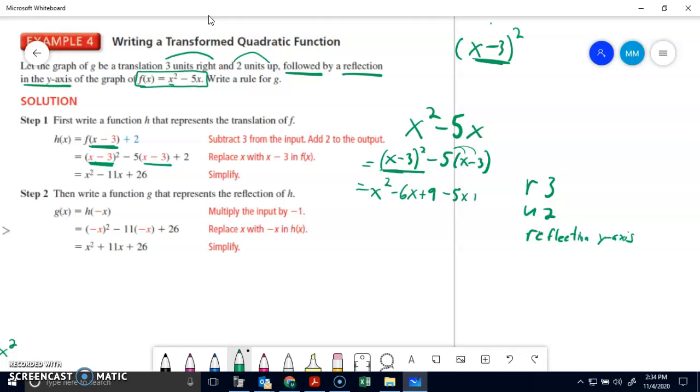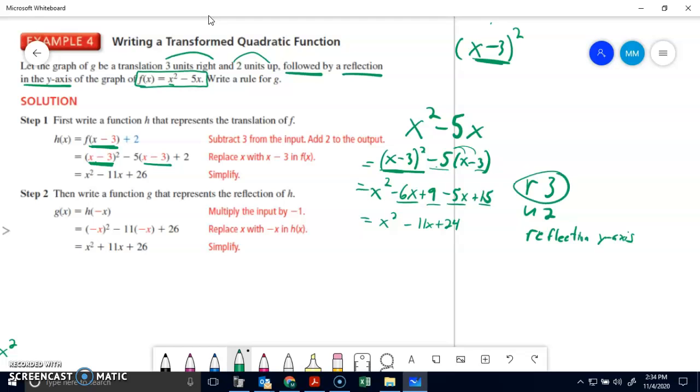Minus 5x and plus 15 when I multiply negative 5 and negative 3. Let's combine those together. Get negative 11x. And 9 plus 15 makes 24. So that's the move it right 3.